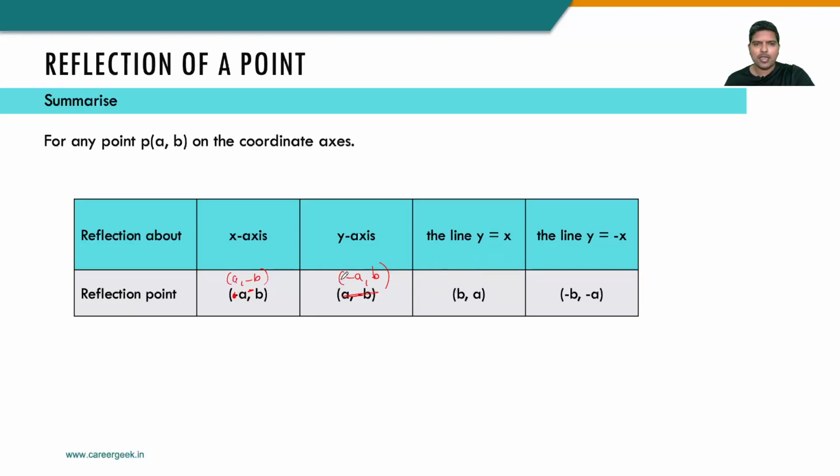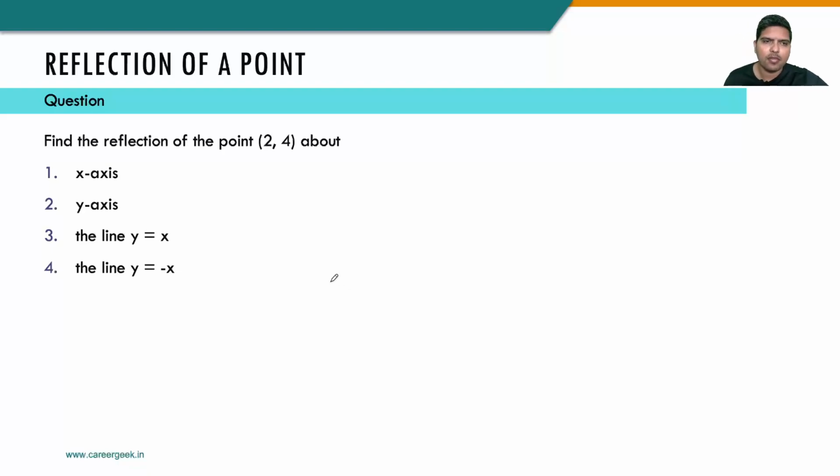So you can directly write. You can pause this and try. If a point 2, 4 is there, 2, 4 we have seen becomes 2 comma negative 4. About x-axis, y coordinate reverses. About y-axis, x coordinate reverses.